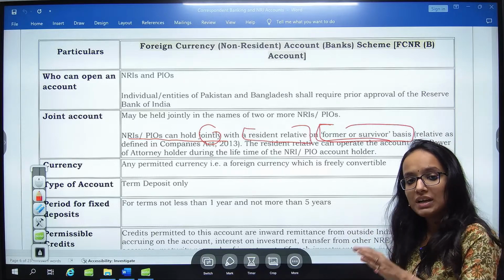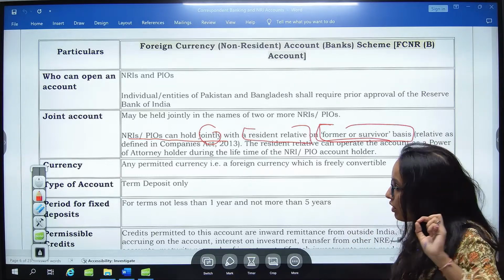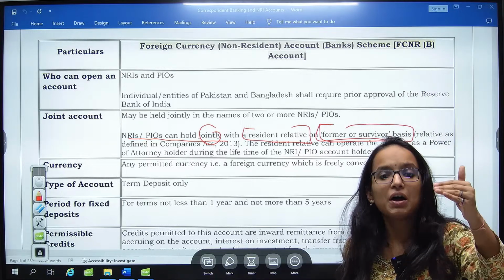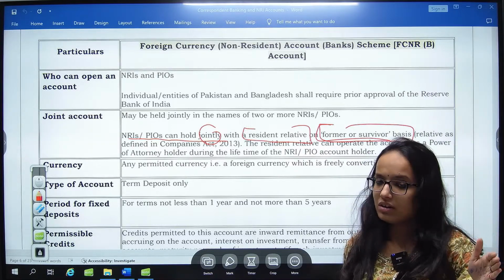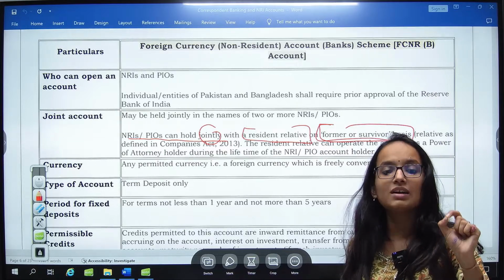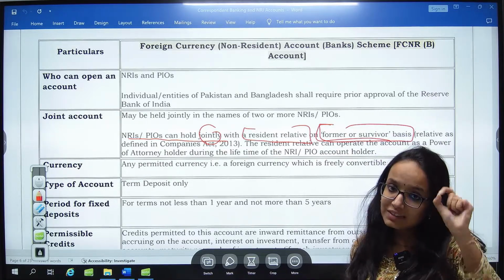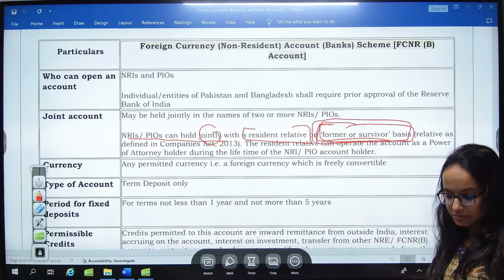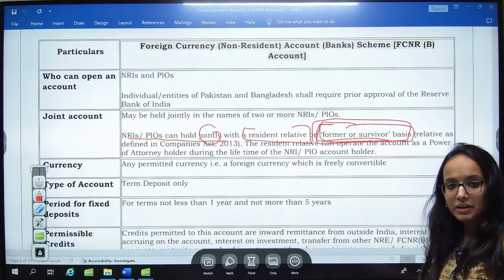You can operate that account as power of attorney. If you are able to recall, as power of attorney on behalf of someone, you can operate it. But if you want to operate it as a joint account holder, for that the former or survivor basis is necessary. Are you getting my point?